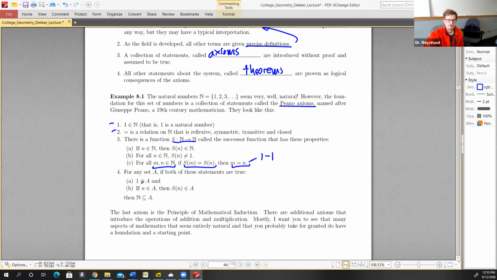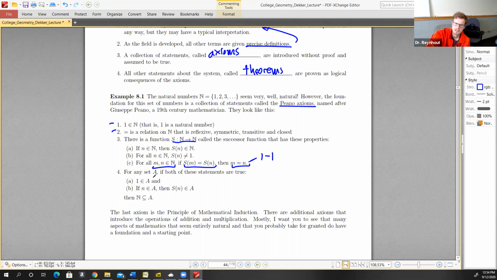All right, so another axiom: for any set A, if 1 is in A, and if n is in A, then Sn is in A, then the natural numbers must be a subset of A. Frankly, I'm not even quite sure what this is really trying to say. This is a bit interesting, right?